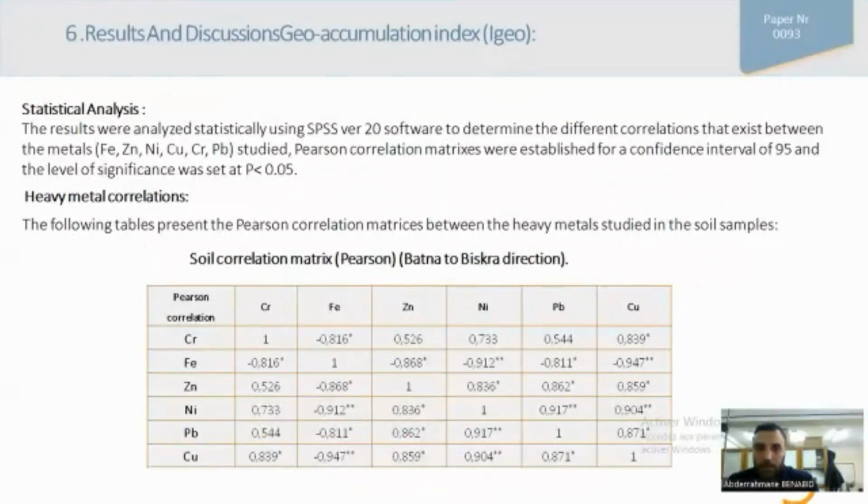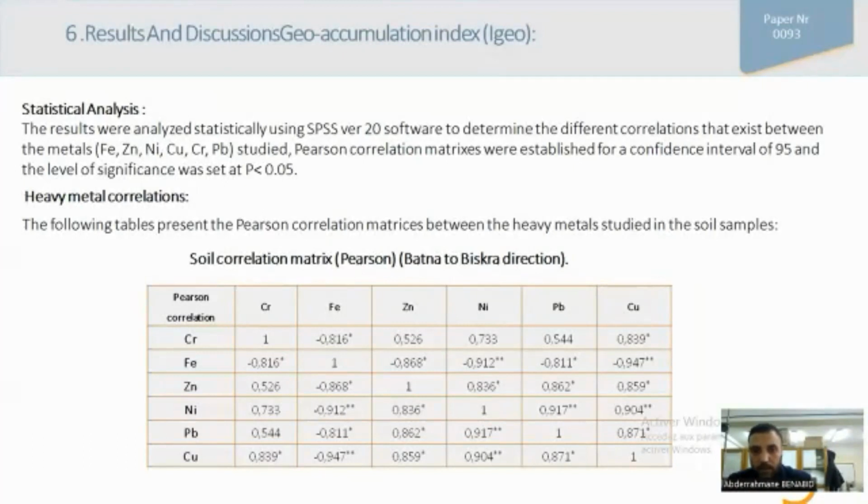Correlation matrices were established for a confidence interval of 95%, and the level of significance was set at p under 0.05. The following tables present the Pearson correlation matrices between the heavy metals studied and the soil samples.